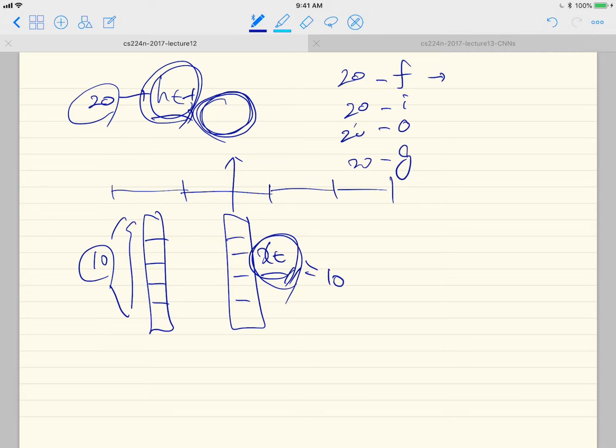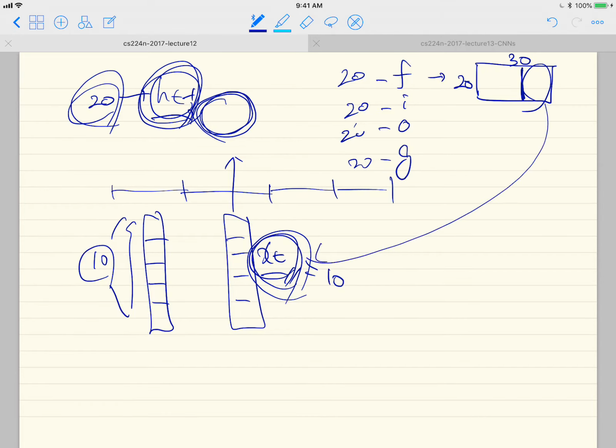And then what is the size of the linear transformation matrix? If we just concatenate these two, it is just 20 by 30, because the first 20 corresponds to h_t-1, and then the 10 dimensions correspond to x_t, right?